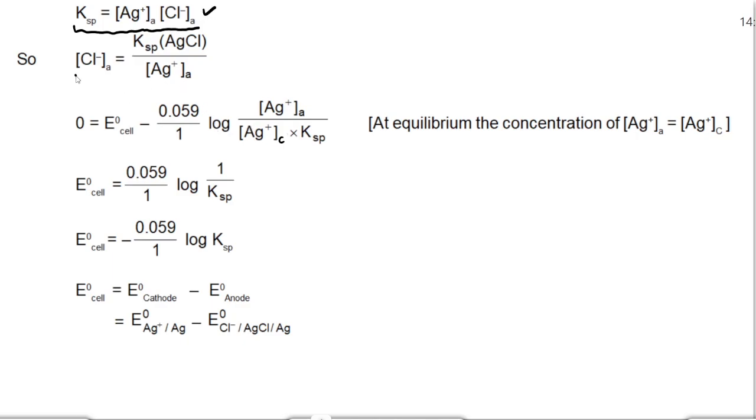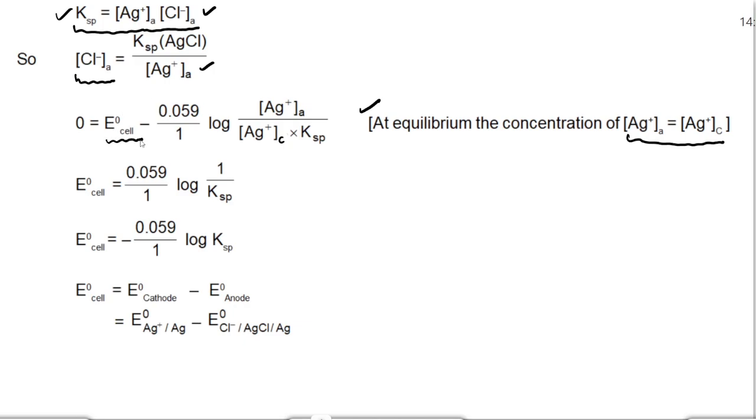In this way, we have calculated the concentration of Cl negative at anode in terms of Ksp of AgCl and Ag plus anode. So we will write E naught cell minus 0.0591 upon 1 log of Ag plus anode divided by Ag plus cathode into Ksp. Now as the reaction is at equilibrium, Ag plus concentration at anode and cathode should be equal, and therefore we are left with 0.0591 upon n.